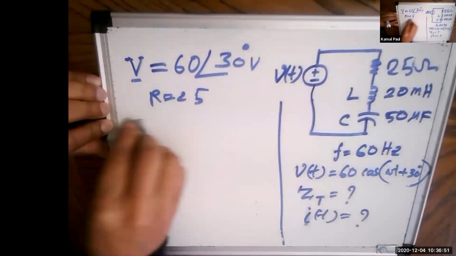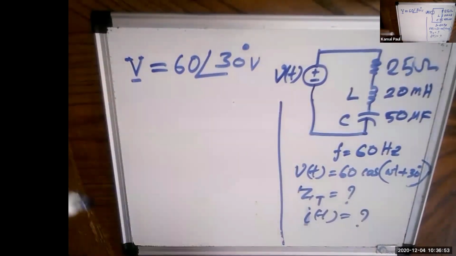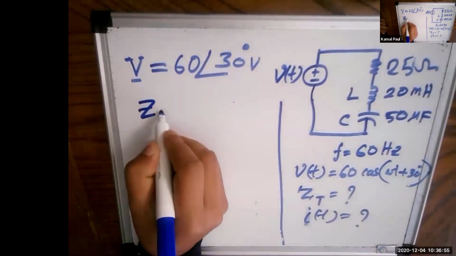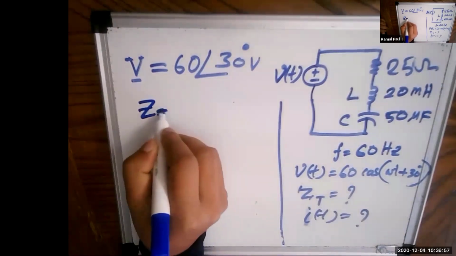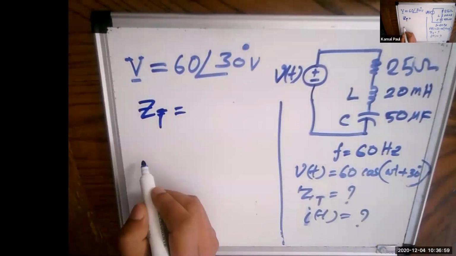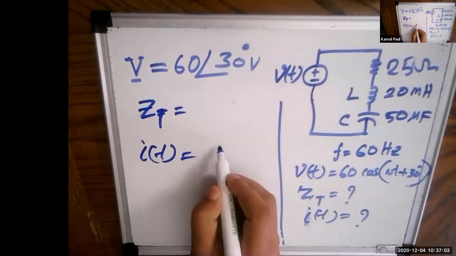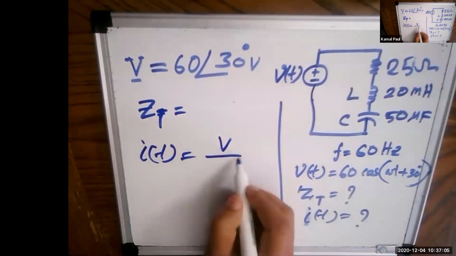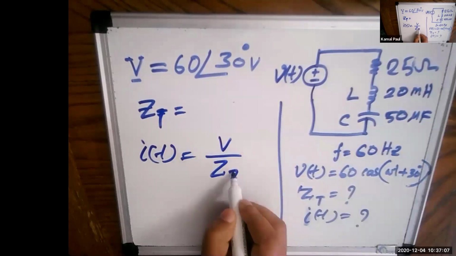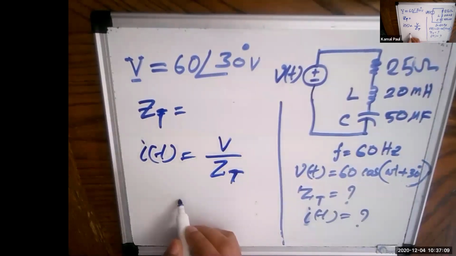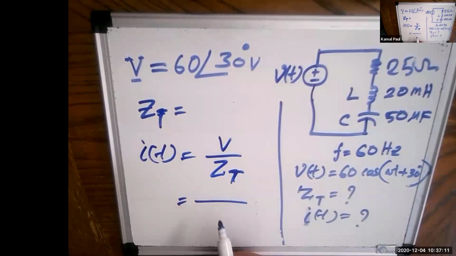Once you get this Z(T), how do you find I(T)? I equals V over Z(T). This is simple.